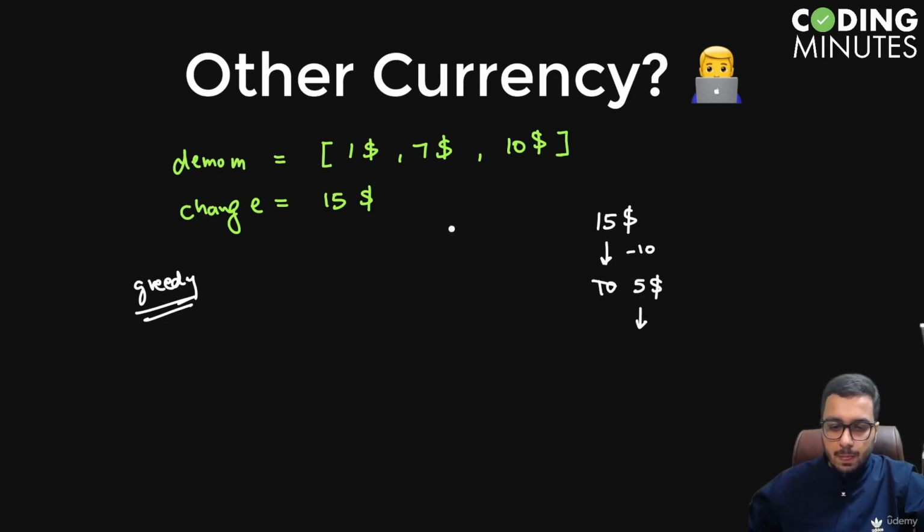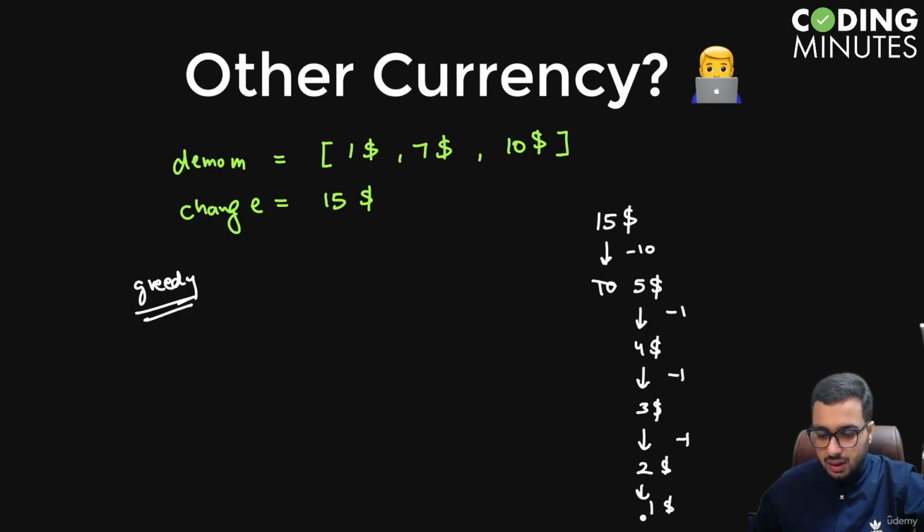Clearly the largest number less than or equal to 5 is $1. So you subtract 1, it becomes 4. You again subtract 1, it becomes 3. Again 2, again 1, again 0. So finally at 0 you stop.